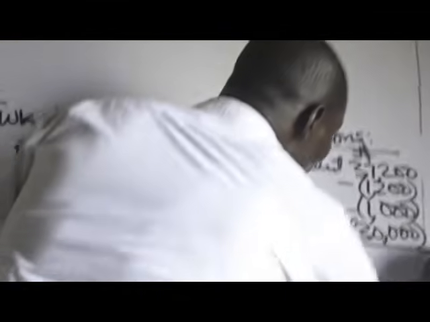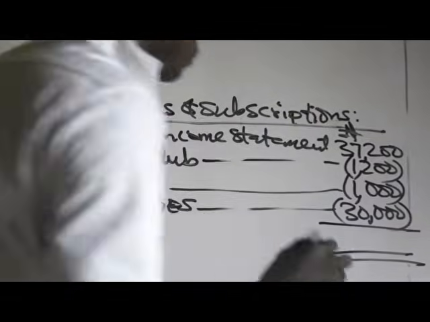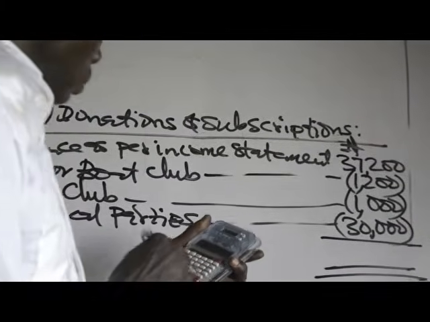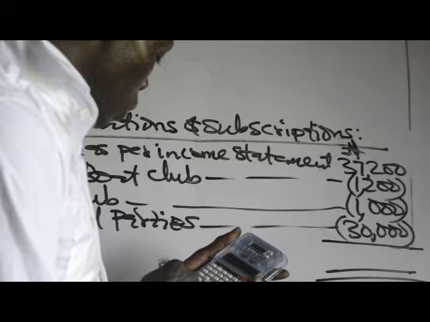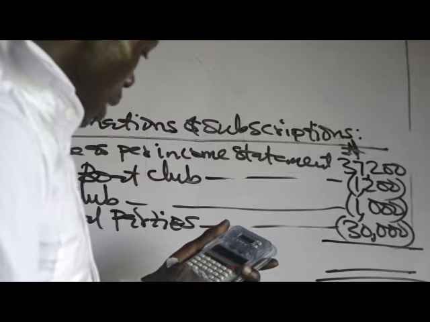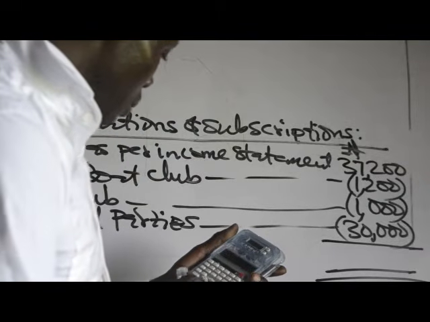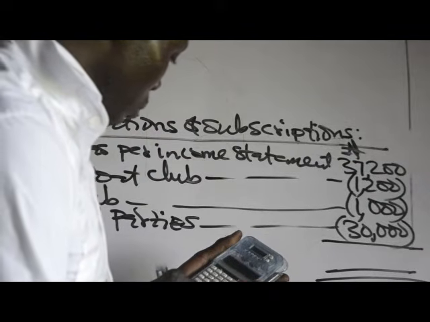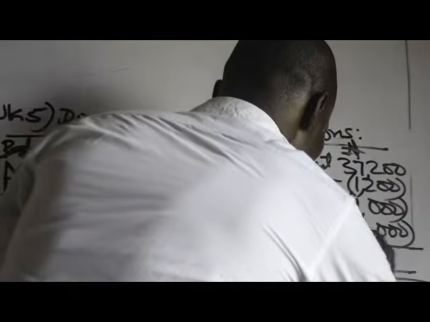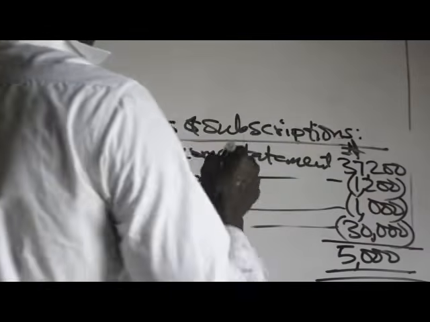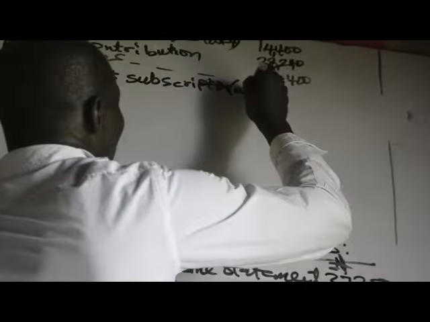So now when you deduct the donation granted to unapproved body, we have 37,200 minus 1,200 minus 1,000 minus 30,000. Then you'll be left with the balance of 5,000. That means the donation granted to approved body is 5,000. That is working 5.